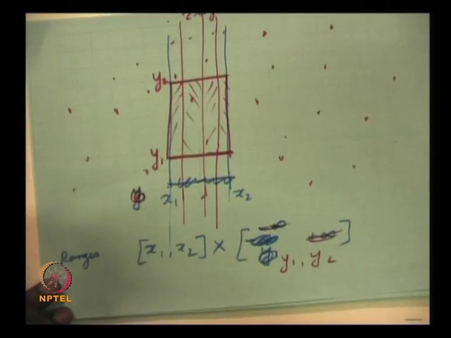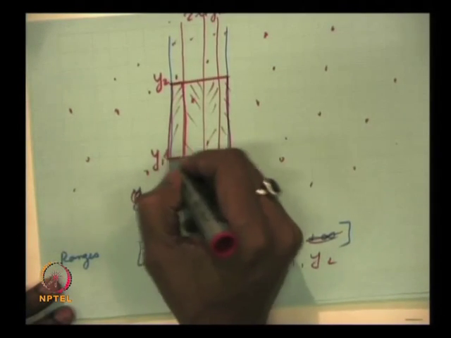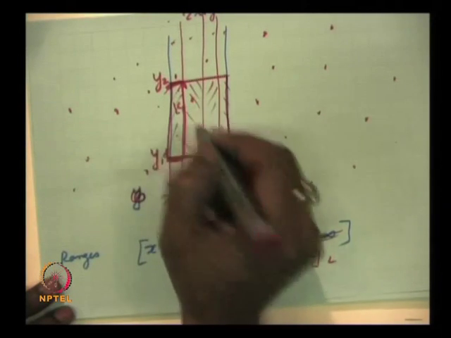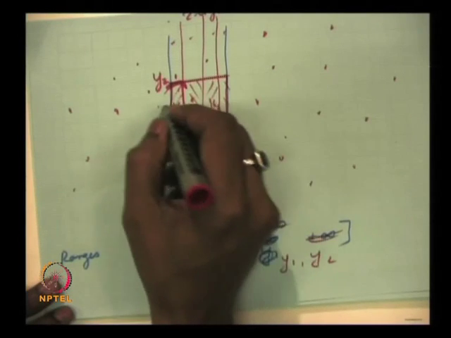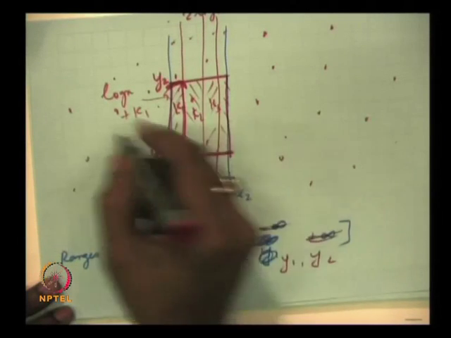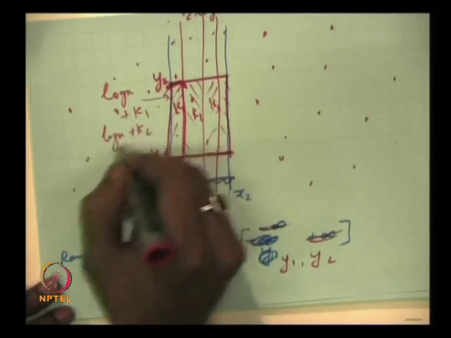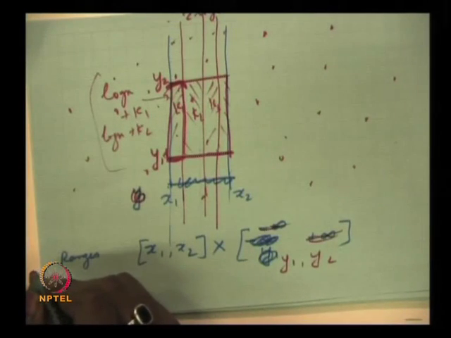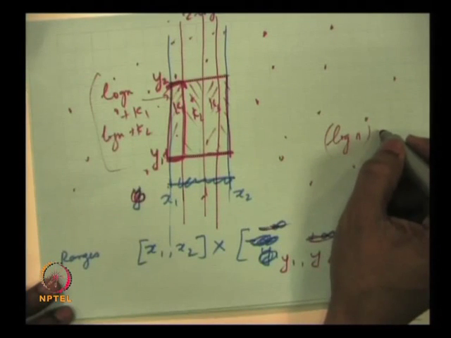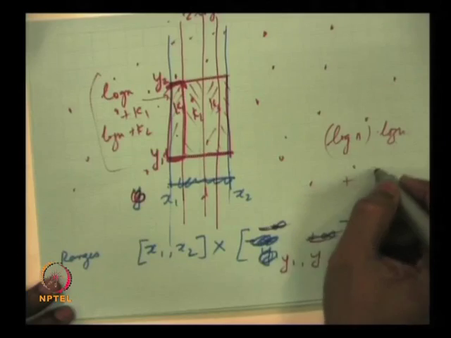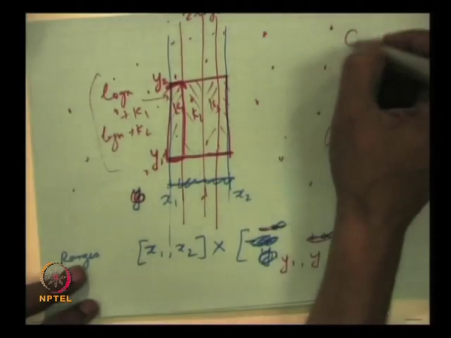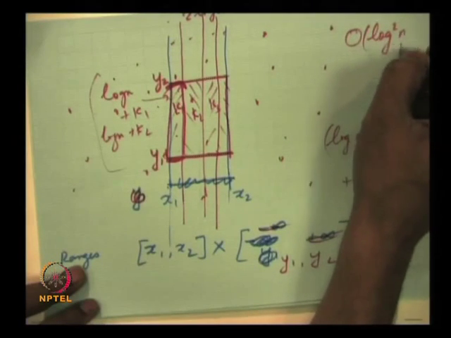So, within this interval it is just a y 1 y 2 interval; suppose there are k 1 points here, k 2 points here and k 3 points here. This will cost me log n plus k 1, this will cost me log n plus k 2, and eventually when you sum it up, you get log n at most log n times, plus the sum of k i, which is k. So, you get an order log square n plus k query bound.